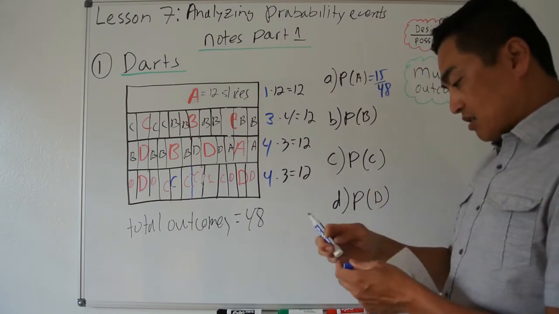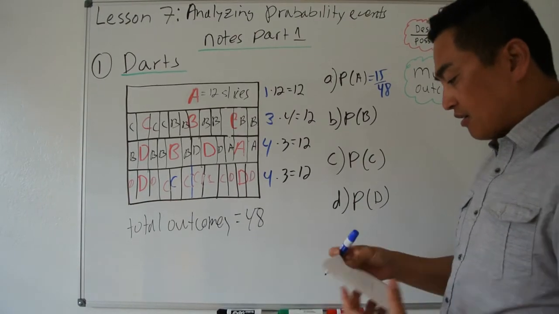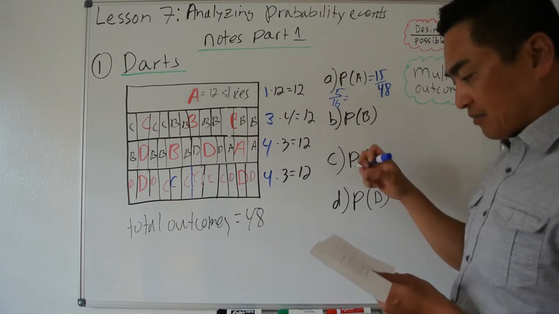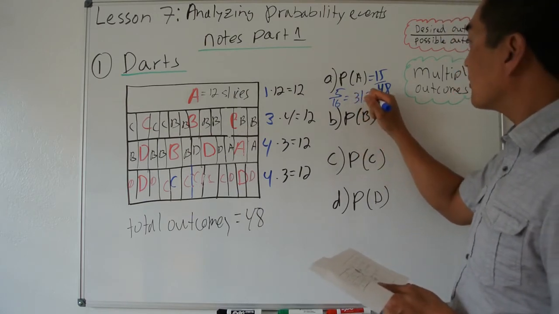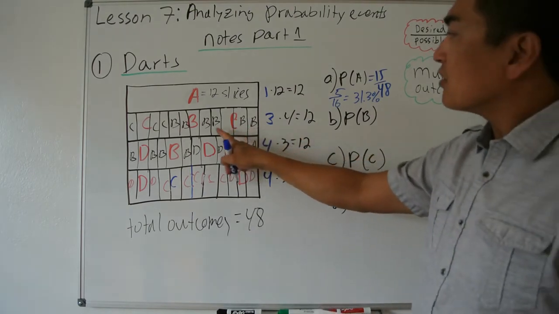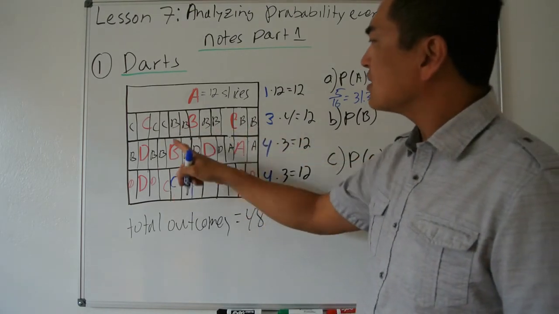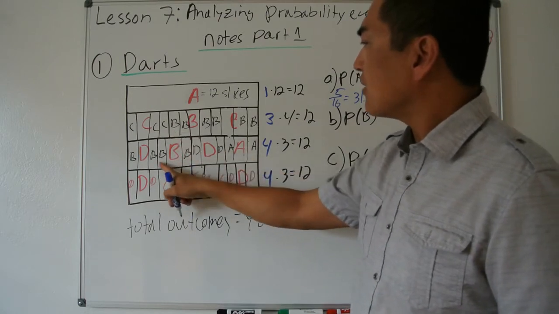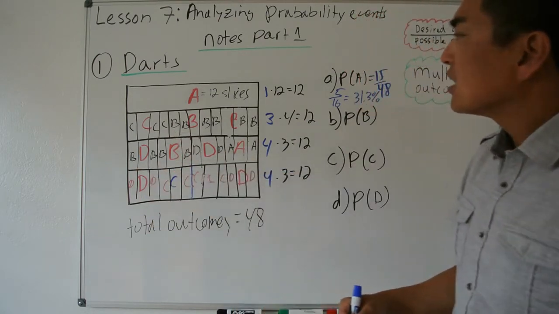Let's see how my answer compares, little cheat sheet here. That's 5 out of 16. That's the same thing as 31.3%.